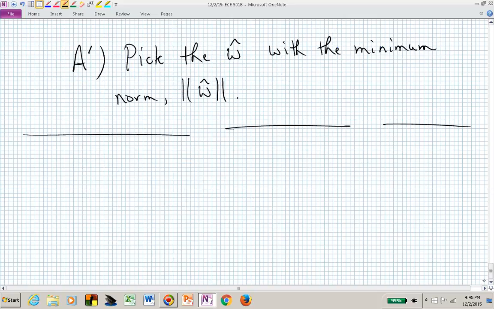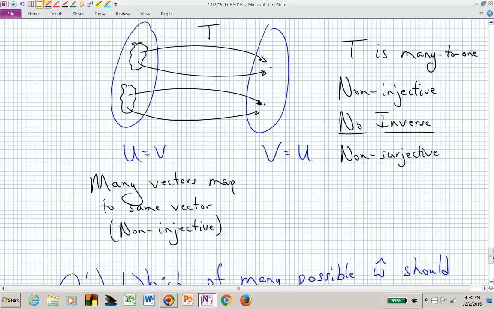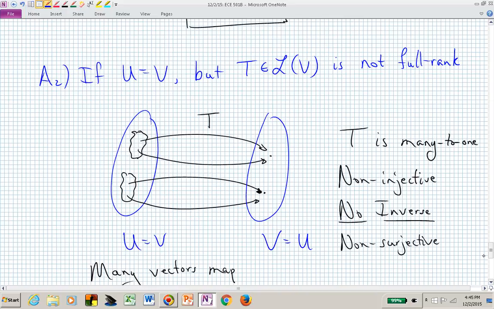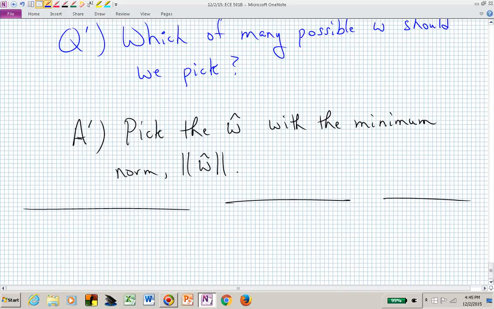Now, this strategy is actually applicable when we don't necessarily have an operator, but we have a map, meaning when U and V are not the same. Let me just write these down.